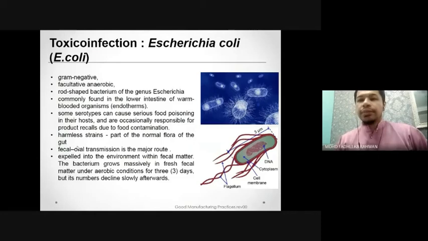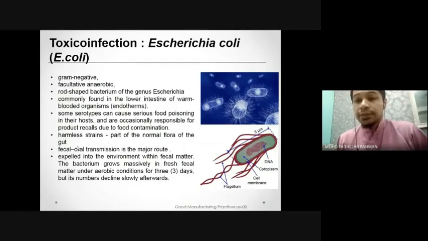Okay, E. coli. So E. coli is gram-negative. Okay, same as Salmonella. It is facultative anaerobe. It is rod-shaped. Okay, commonly found in the lower intestine of warm-blooded organisms. Okay, normally it is released in our feces.